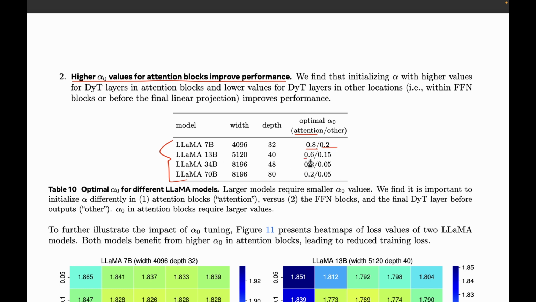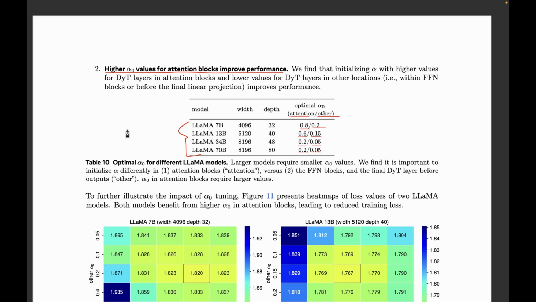Similarly, for the other LLaMA models, a larger value is used for the attention layers and a smaller value for initializing all the other layers. That's across the board if you're training any LLM.